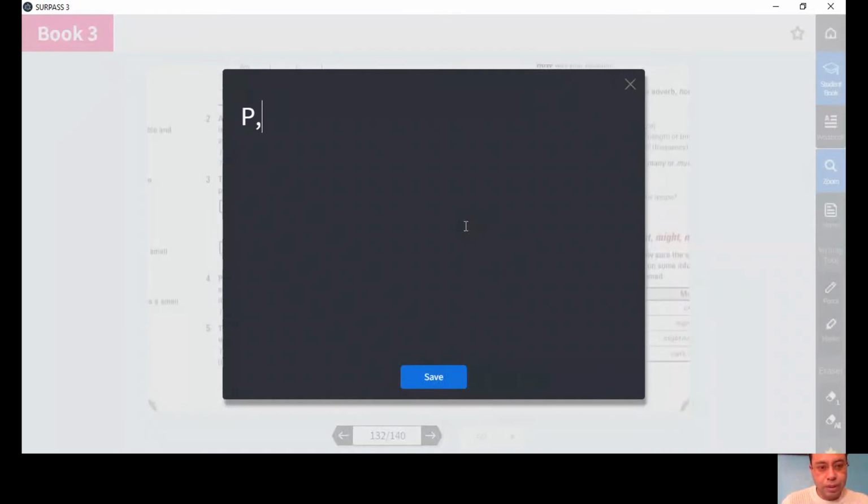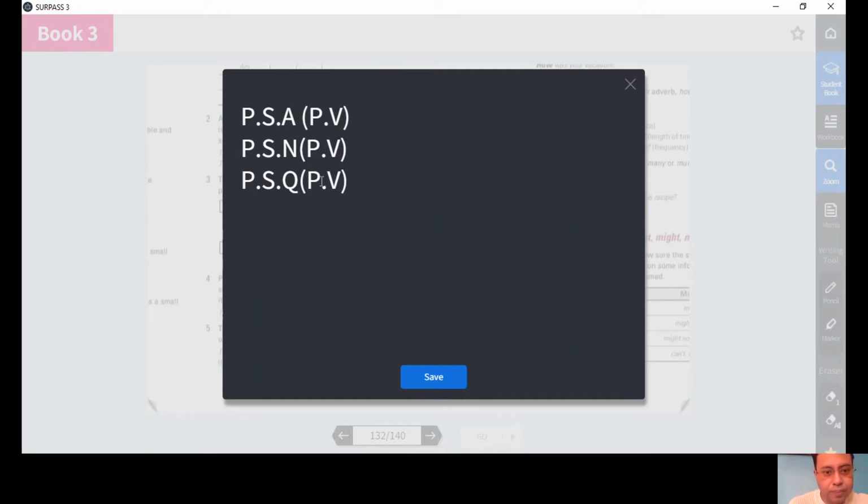To say present simple affirmative, active voice, present simple negative, active voice, and present simple question, we're going to use Q, active voice. This is the same for passive. The only thing we're going to change is the letter A to P, to say passive voice. And we have the same formulas.